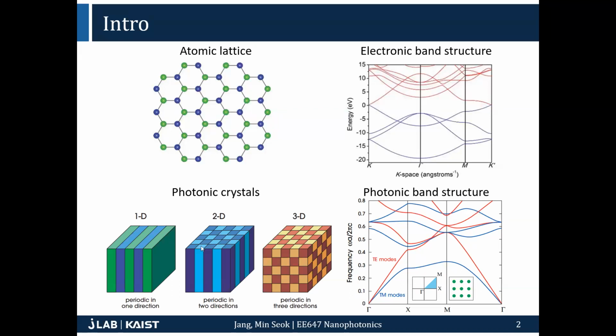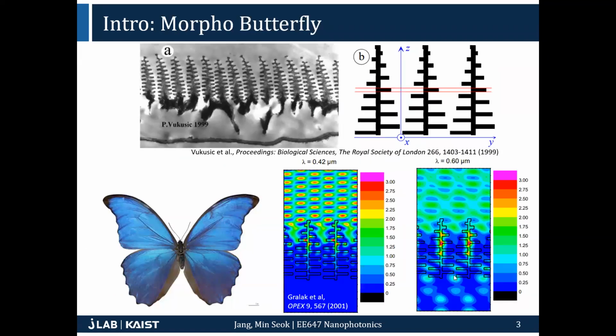One good thing about photonic crystals is that we can change the properties of the lattice, like the lattice spacing, symmetry, and material, as we want. So we have the capability to engineer the photonic band structure as we want.